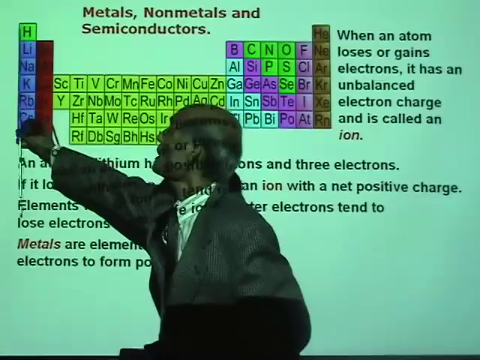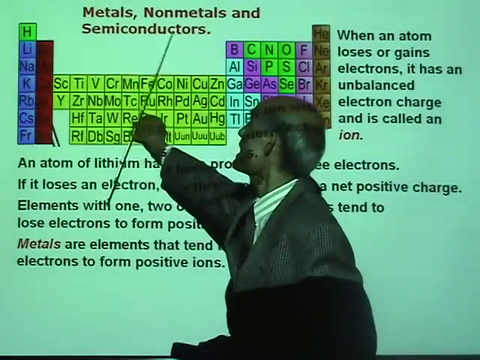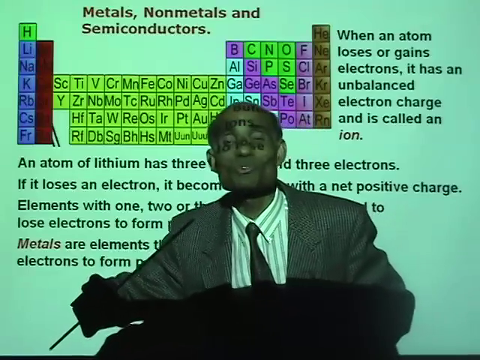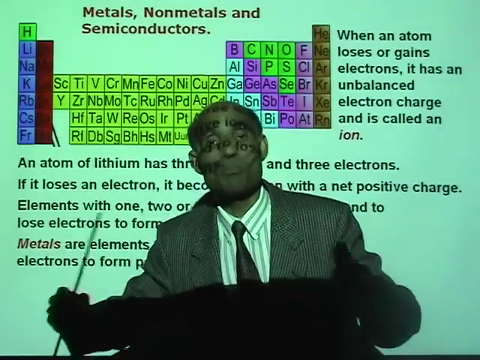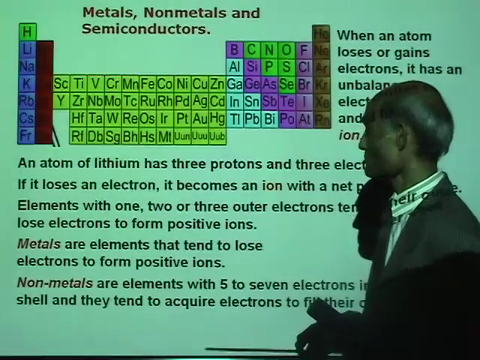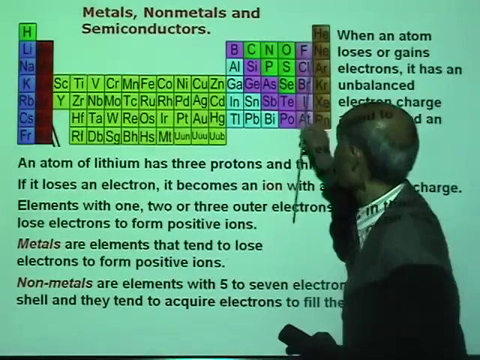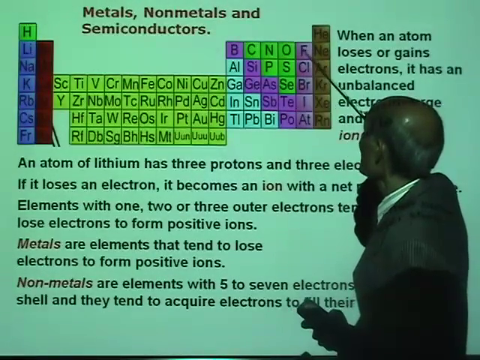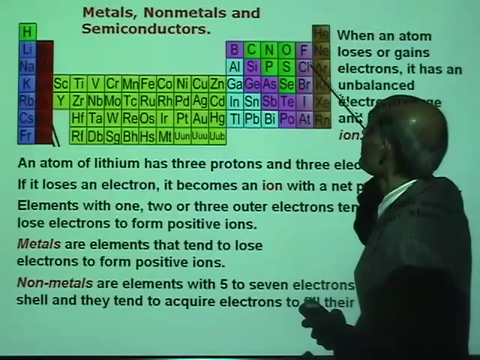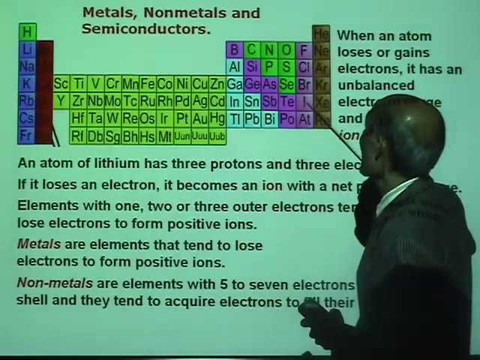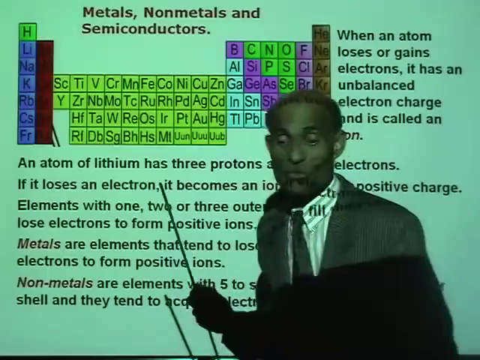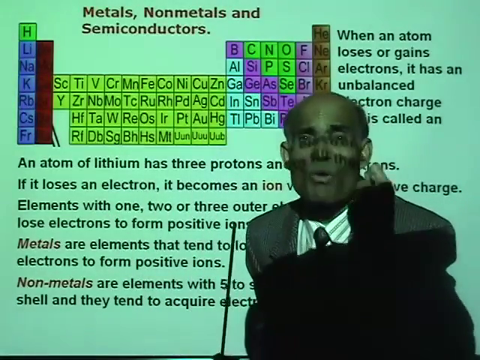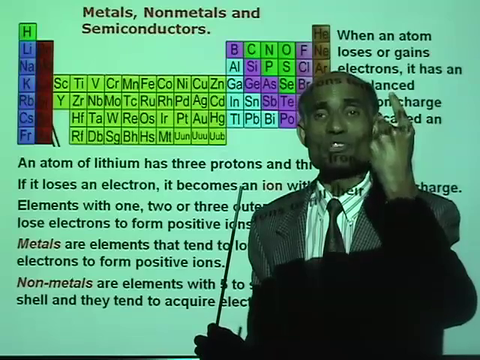And you can see the elements on the left side are all metals. They tend to lose electrons to become positive ions. Non-metals. Now, elements on the right side, particularly fluorine, chlorine, bromine, iodine, astatine, they are hungering for 1 more electron. You see that?